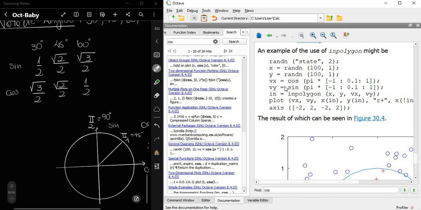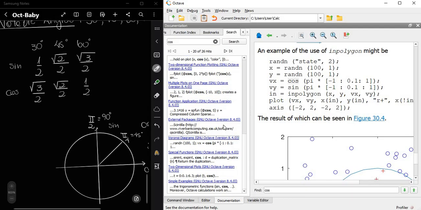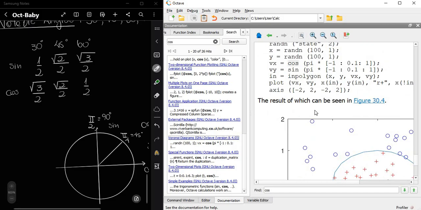Of course, we are working with a trigonometric function. So not only do we need to consider the cosine of x, but we need to consider the number pi. I am almost sure that Octave offers something that we can use.